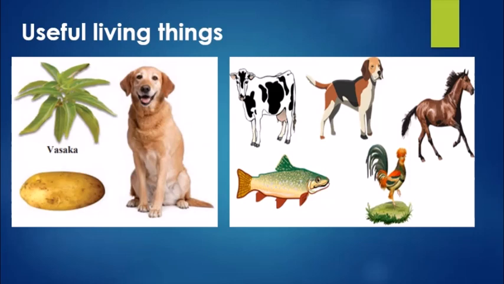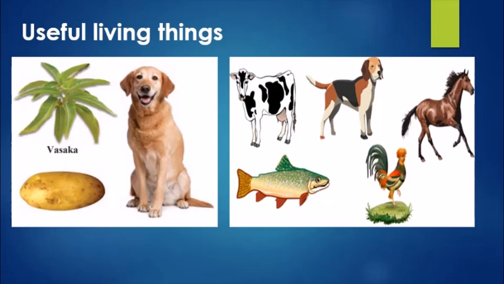Now there can be useful animals also. We can domesticate animals like cow and buffalo. Then there are some pets which we can have, for example, dogs and cats. We also have animals like horse, oxen, and camels, all of which are useful to us for transport. We even use fish, sheep, and goats for our food.